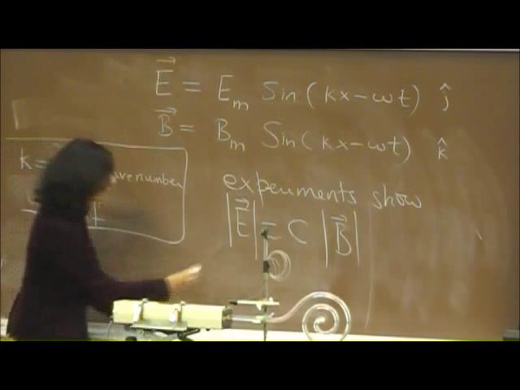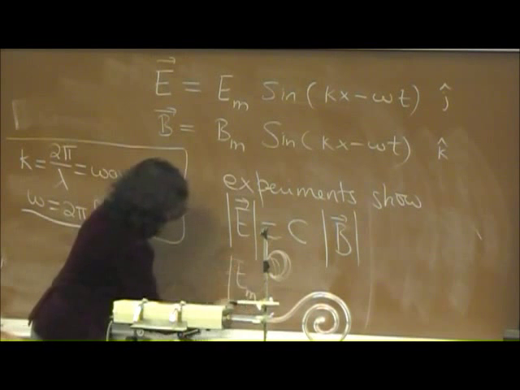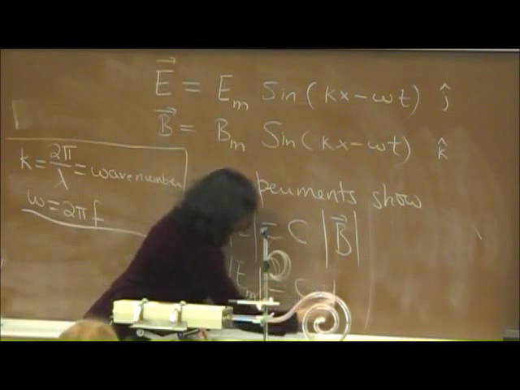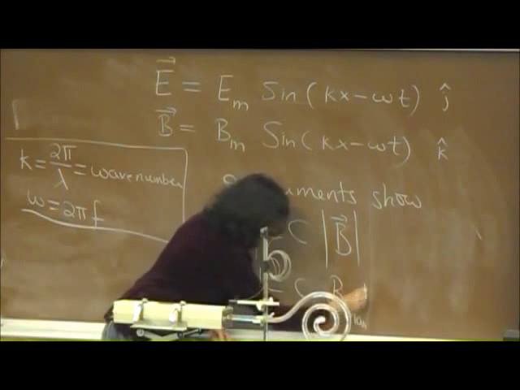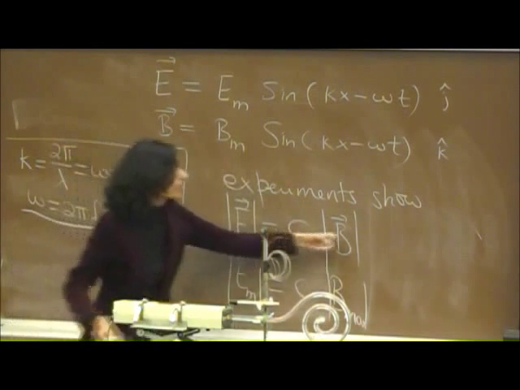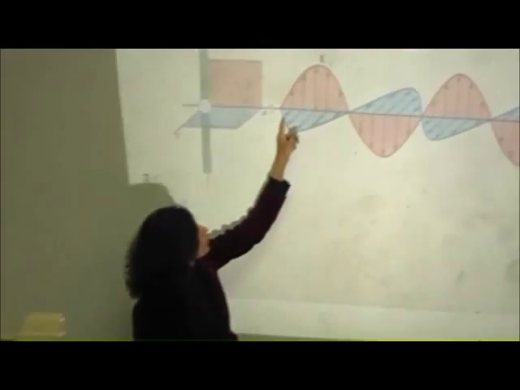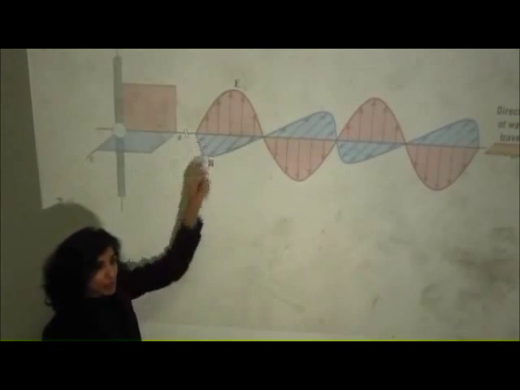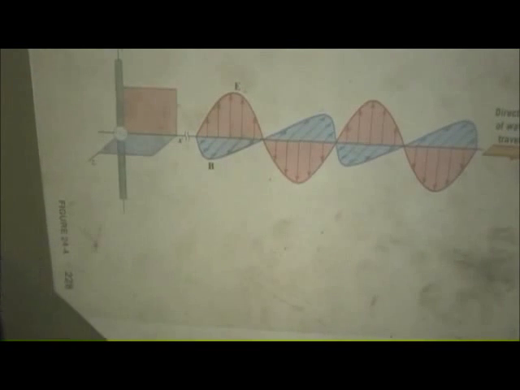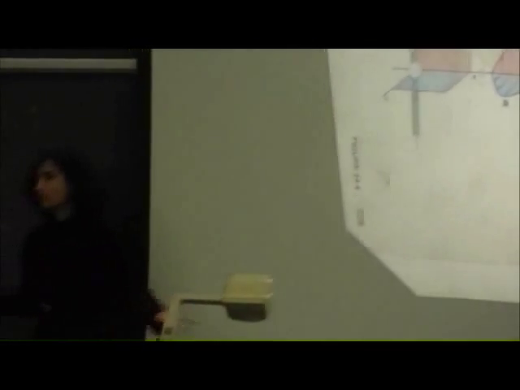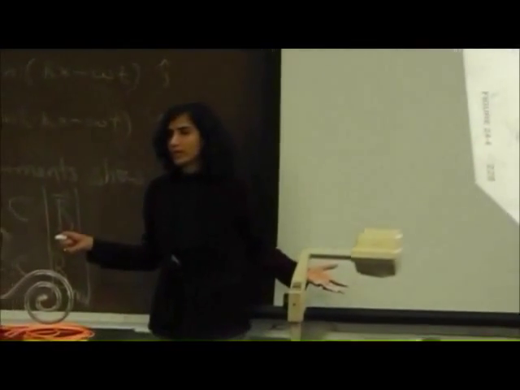So in other words, the maximum value of electric field will be equal to c times the maximum value of magnetic field. But this relation will hold at any point. So if you tell me what the electric field is at this location, I will be able to tell you what the magnetic field is at exactly the same location, by using just this relation, E is equal to C times B. Does that make sense?